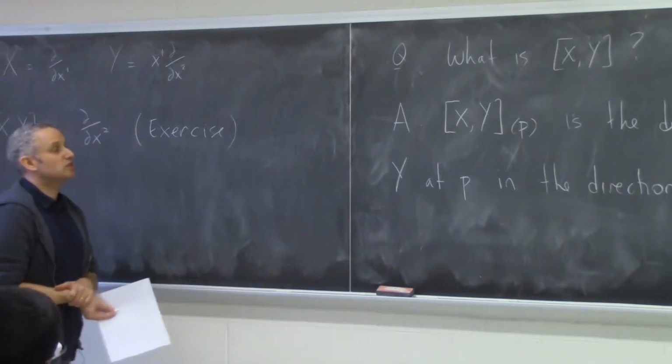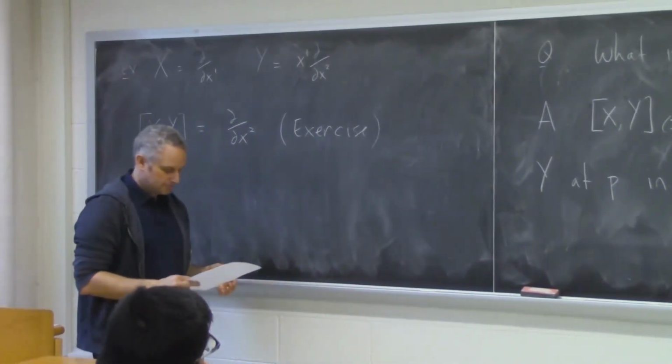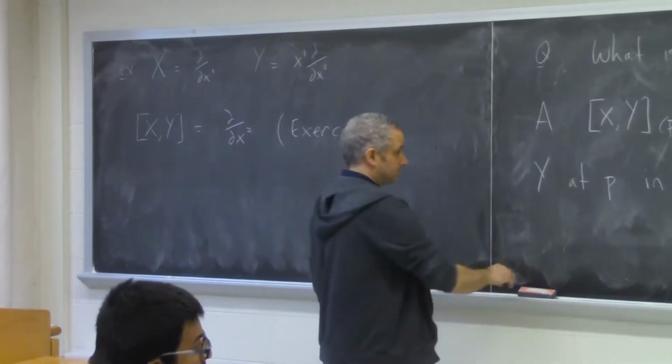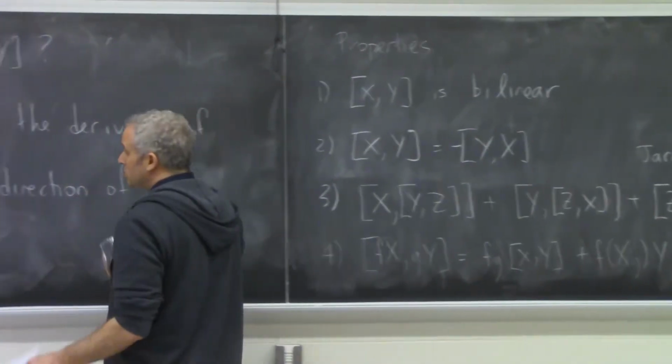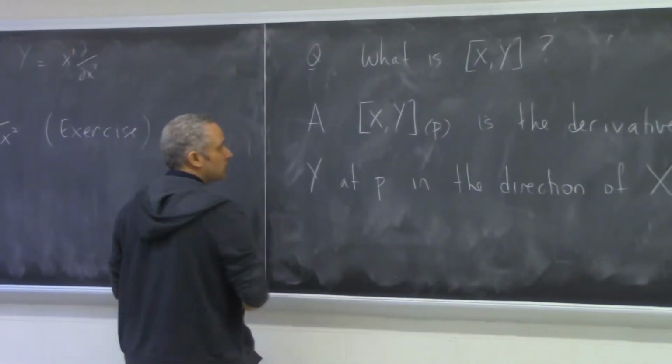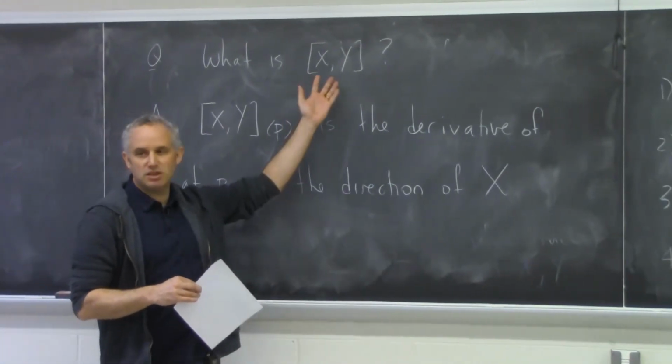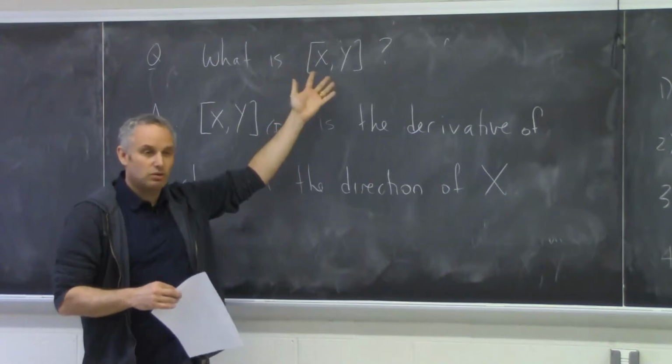All right, so let's try to make sense of that. Which is, at first sight, curious, right? It looks like X and Y are playing essentially the same role here. They are.